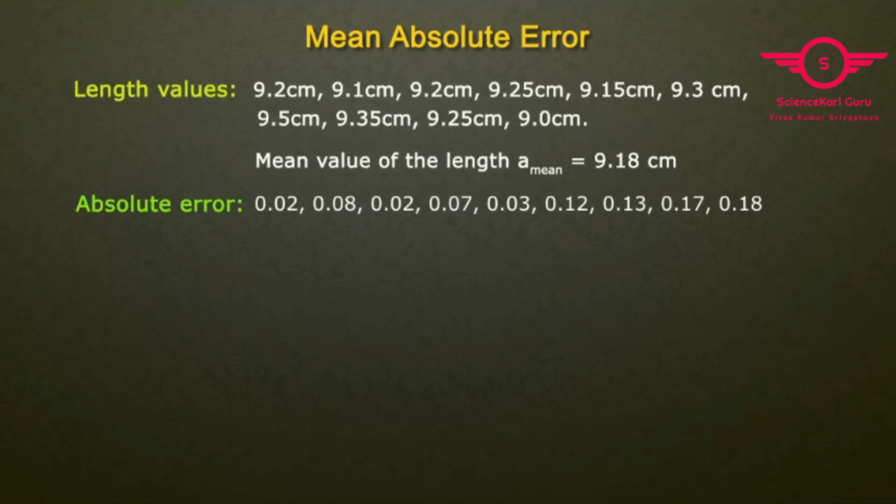Now, the absolute errors of each observation are 0.02, 0.08, 0.02, 0.07, 0.03, 0.12, 0.13, 0.17, 0.18.